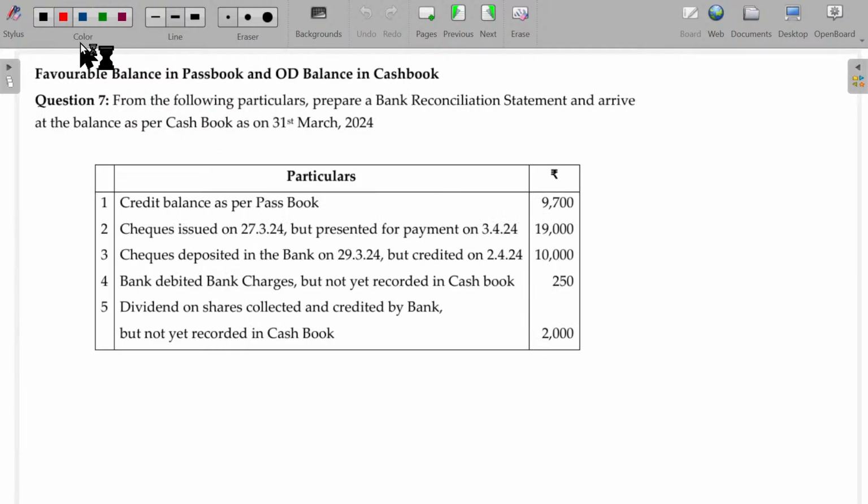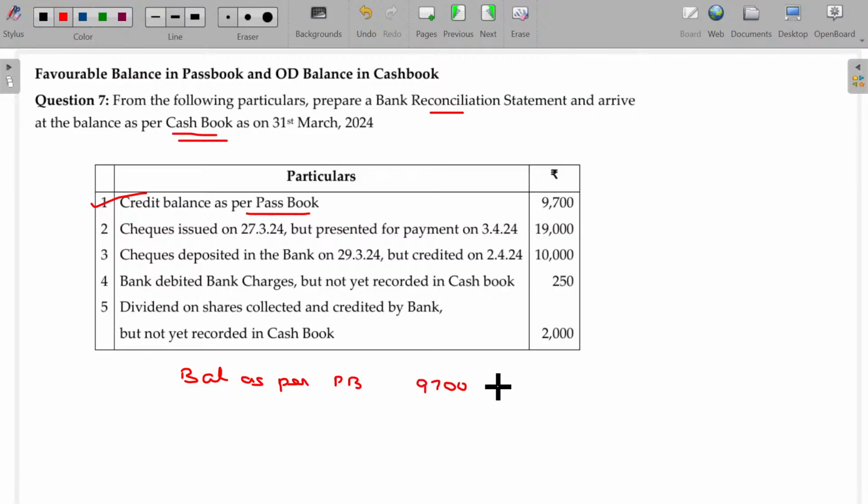Question number 7. From the following particulars, prepare a bank reconciliation statement. Arrive at the balance as per cash book. So we have been given the balance as per passbook, the value being 9,700.